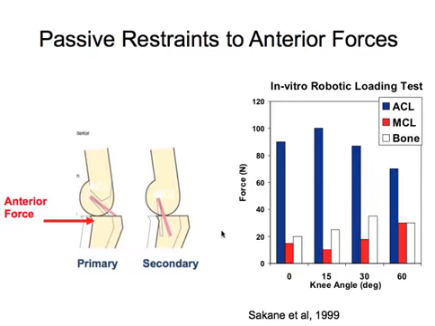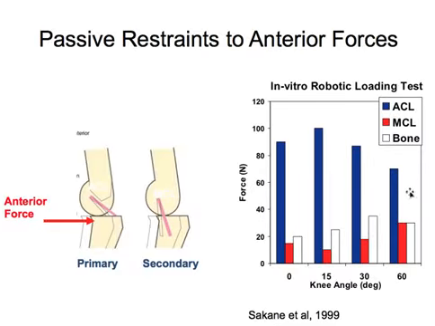So one of the problems with the anterior drawer test, which was early, is that it was done around 60 degrees, and we can see here that the ACL is not playing as big of a role, and that the MCL role has increased. If the ACL is gone, then as you translate more, the MCL is recruited, and that gives you a false negative test.